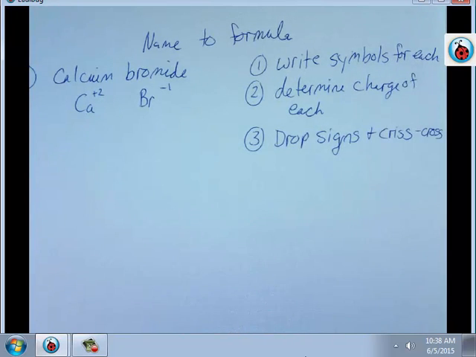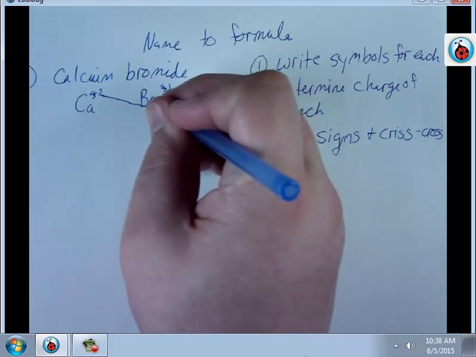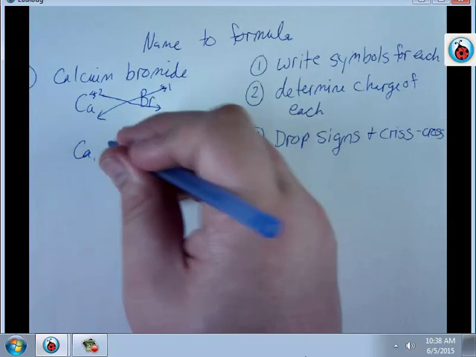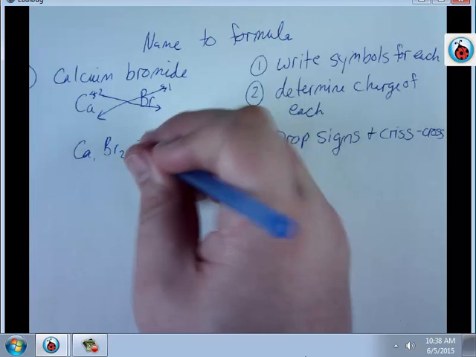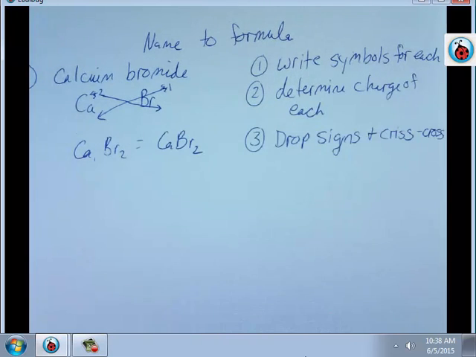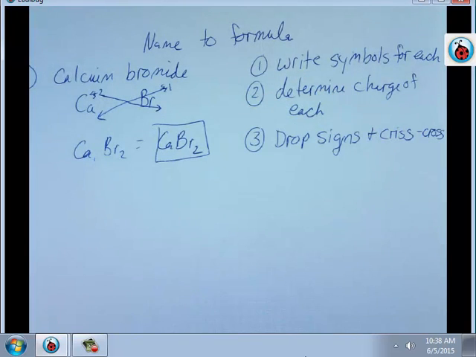So I'm going to get rid of the plus, I'm going to get rid of the minus. We're going to get 2 down there, and the 1 down there. I get Ca1Br2, which is just CaBr2. And that's that. Real simple.